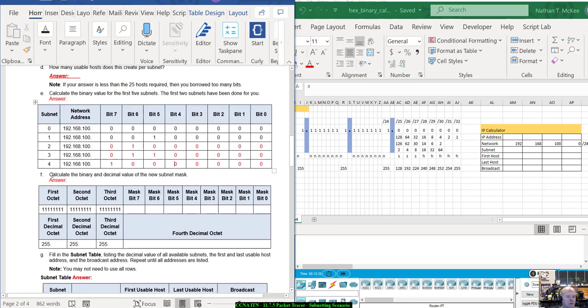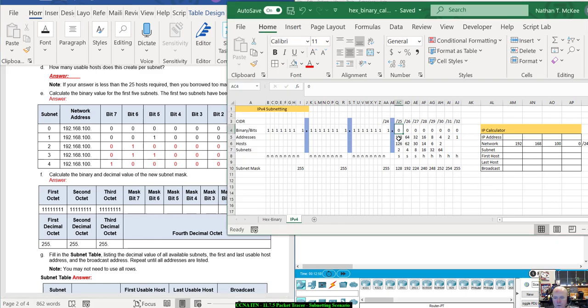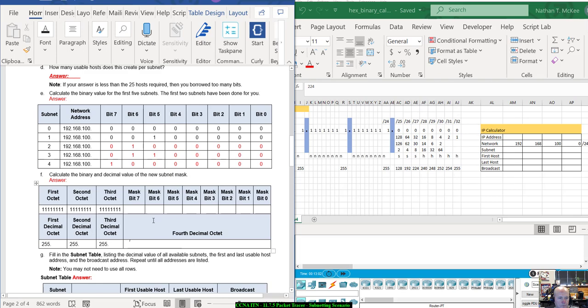Calculate the binary and decimal value of the new subnet mask. If we're borrowing 3 bits, it's going to be a /27: 128, 192, 224. So I'm going to format painter this.